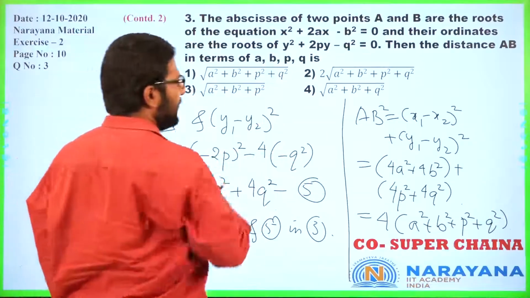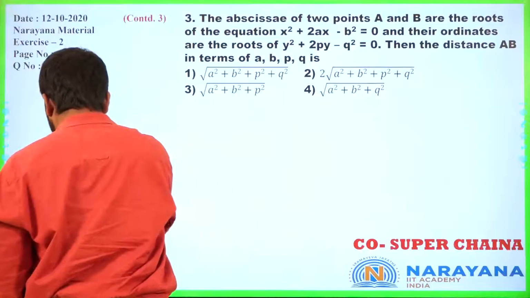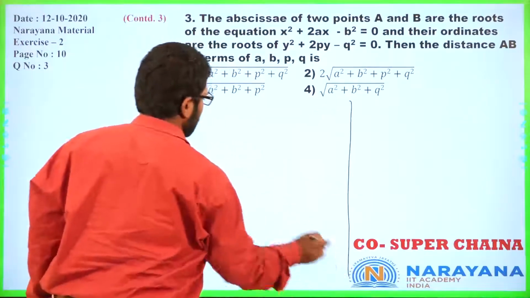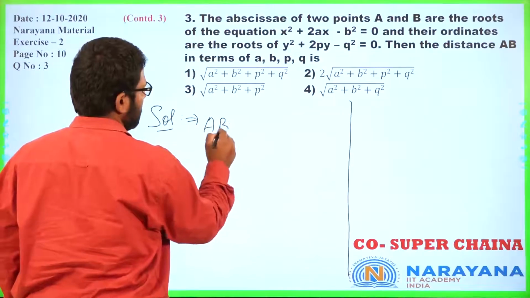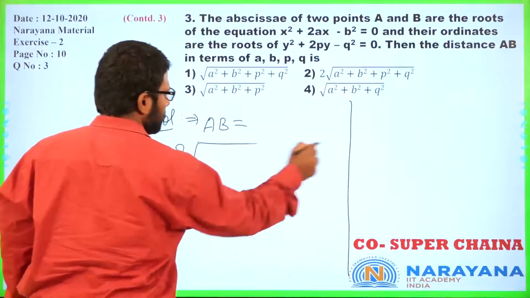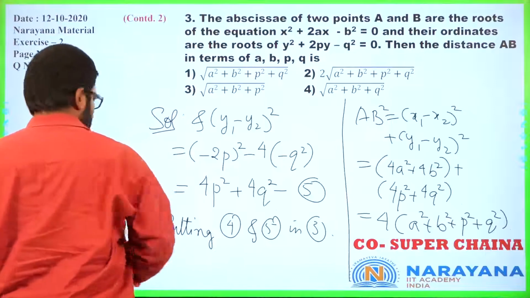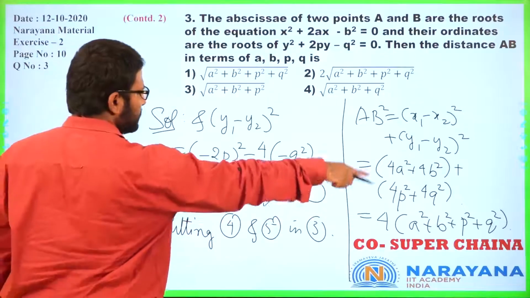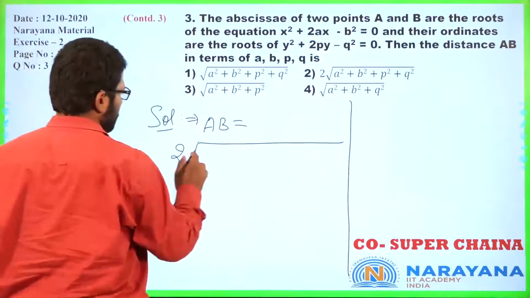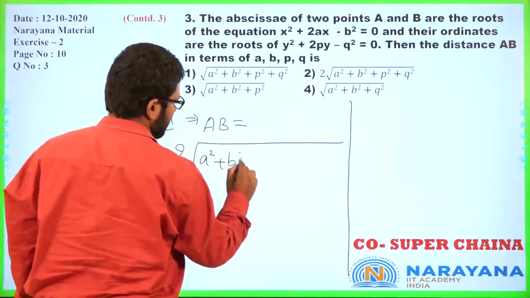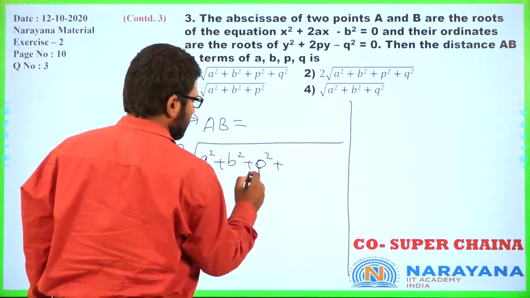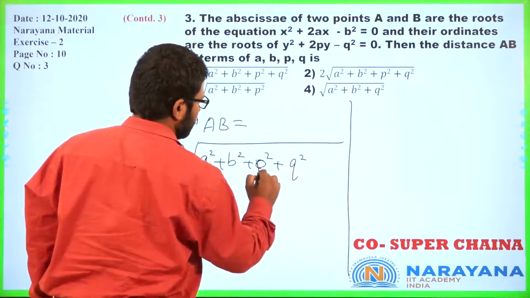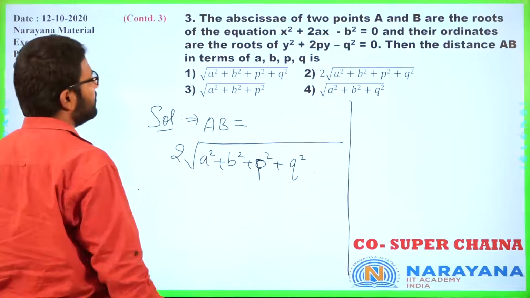That whole thing is AB square, which means AB is equal to 2 under root, you see, square root of 4 will become 2, the rest of it will have to be under root a square plus b square plus p square plus q square, right?